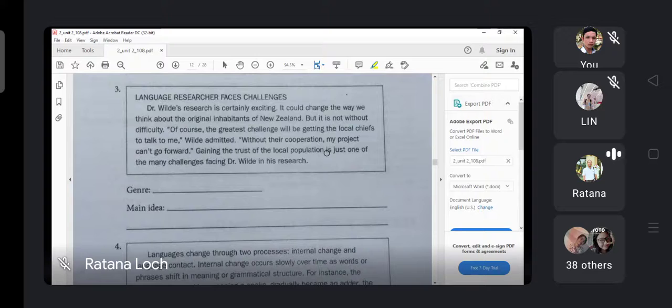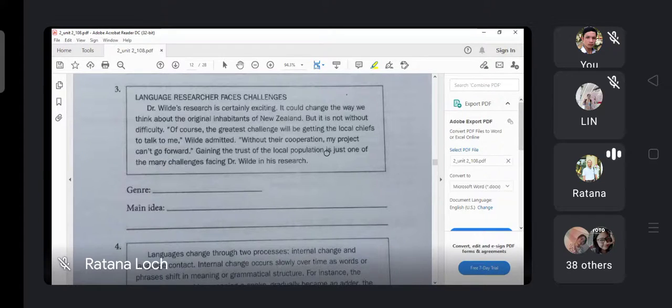Here, the researcher might face great challenges because they're talking about people who speak a different language, and how to communicate with them, to get understanding, right? To get cooperation, to get your work done. So this is the main idea. This is the challenges of the researcher, how to get your research done.